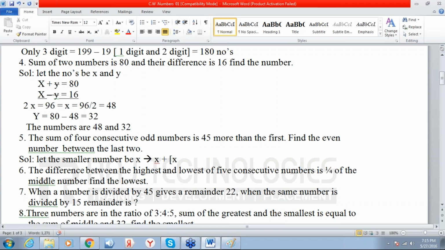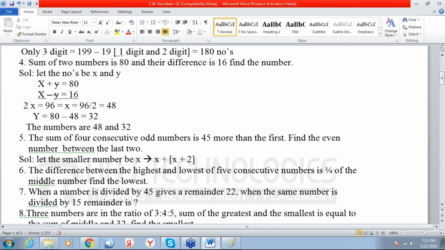Every consecutive odd number differs by what value? 1, 3, 5. It differs by 2.